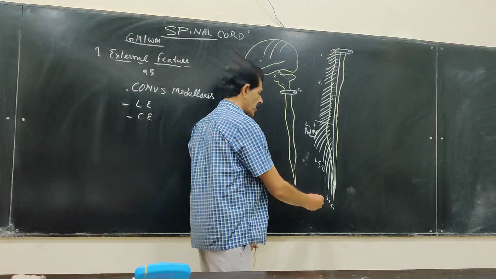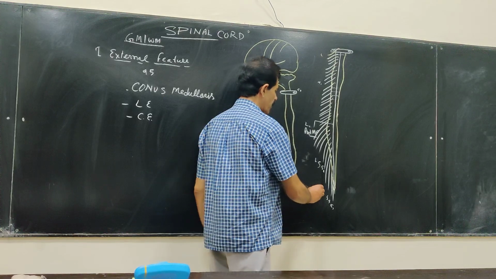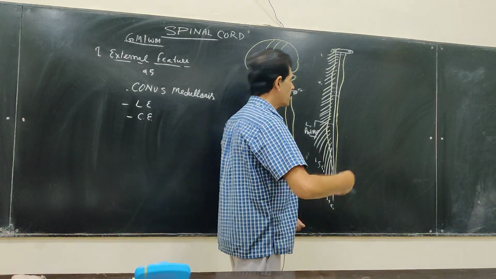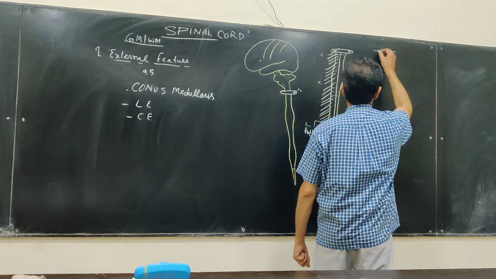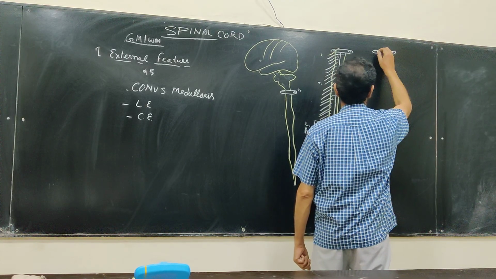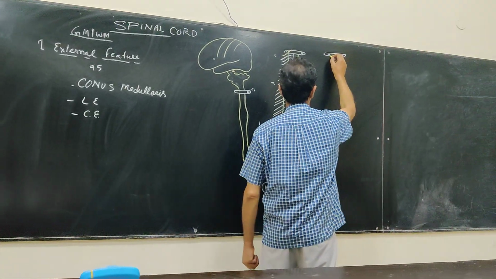This is the ventral aspect or anterior surface of the spinal cord. Then on the back, posterior view of the spinal cord.